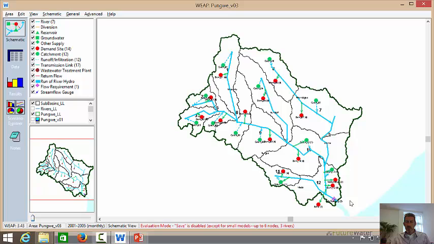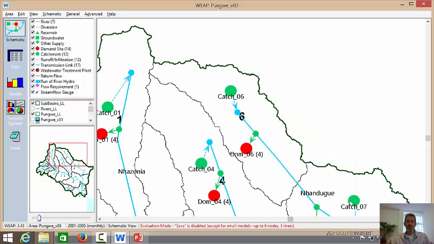So this is an overview of this WEAP model in Mozambique. And what I said, we've got a couple of catchments. We've got in fact 12 catchments. Here is one catchment, here is another catchment. If I zoom in here, then what you see is one particular catchment, and I just have given this a number.